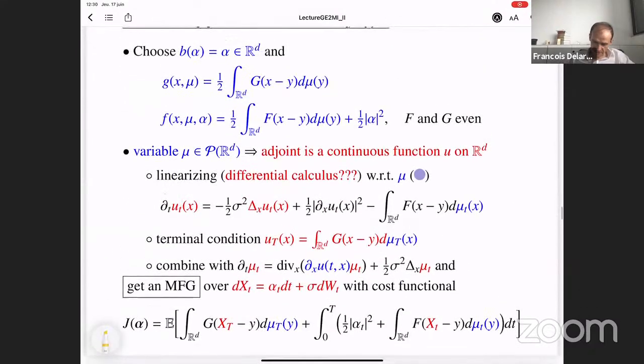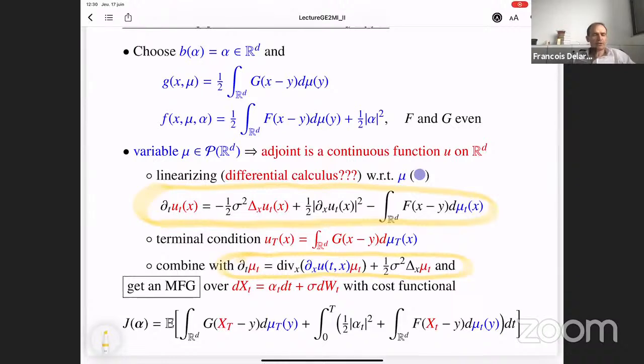So you get an HJB equation for the dual variable, and for the state of the population, you get a Fokker-Planck equation.